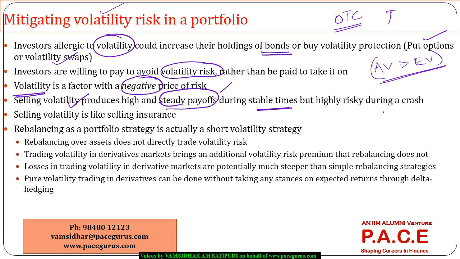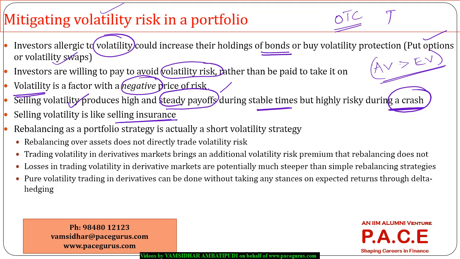Whereas when the volatility is much higher, like in a crash scenario, then as a seller I'm going to lose quite heavily, because selling volatility is more like selling risk protection. When the risk is much lesser, the seller benefits. But when the risk is much higher, it's obvious that the buyer is going to benefit.